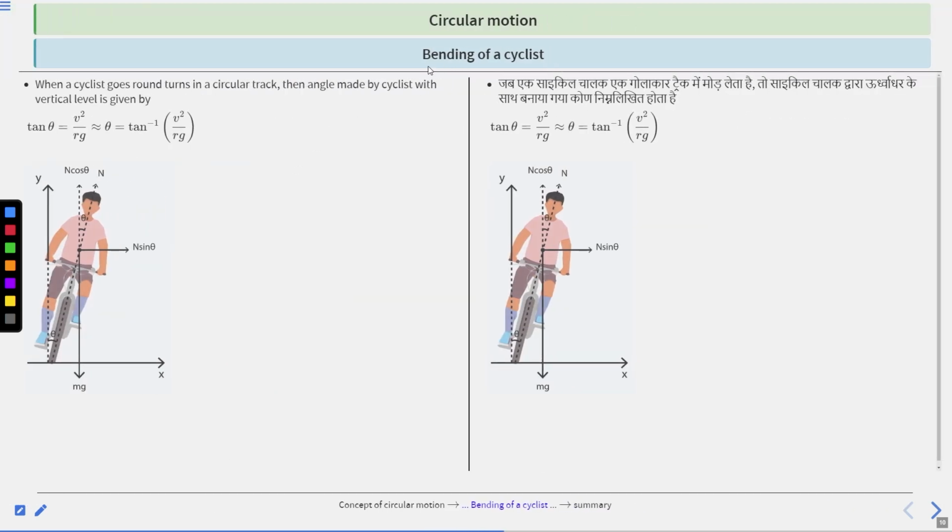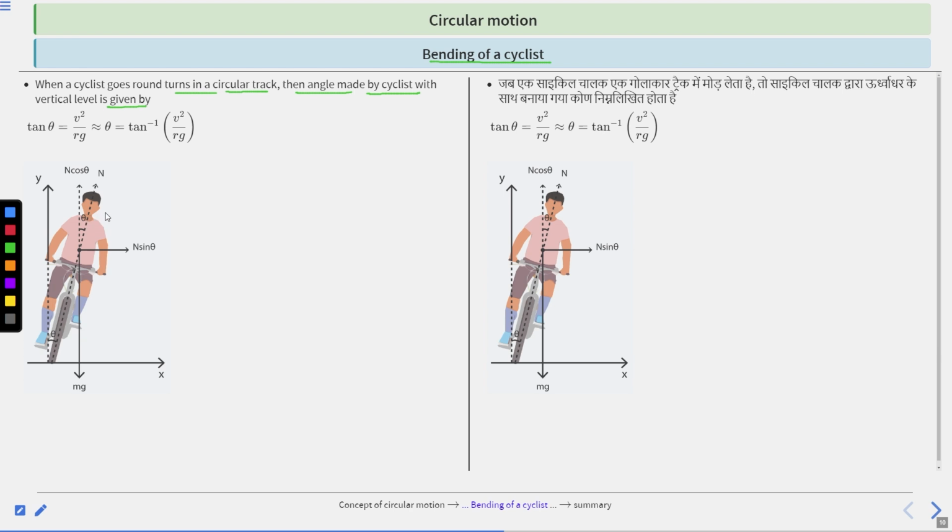Next is bending of a cyclist. Bending of a cyclist means when a cyclist goes around turns in a circular track, then the angle made by the cyclist with the vertical is given by tan theta equal to v square by r g, so theta is equal to tan inverse of v square by r g.